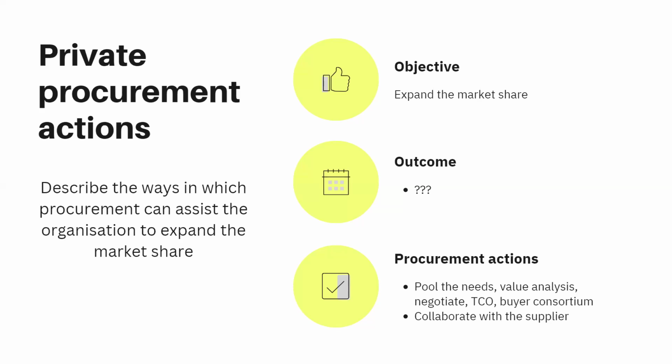One example would be the kind of question I took as an example earlier, which requires you to describe the actions by which procurement may assist the organization to achieve some kind of objective, like expanding market share or improving profit.